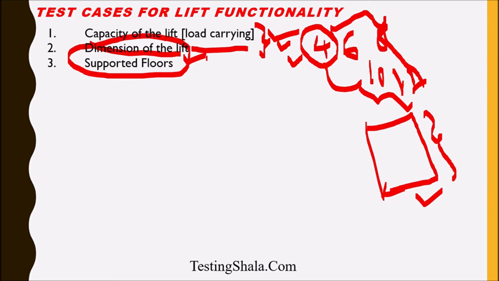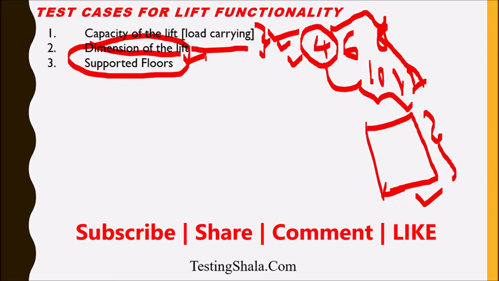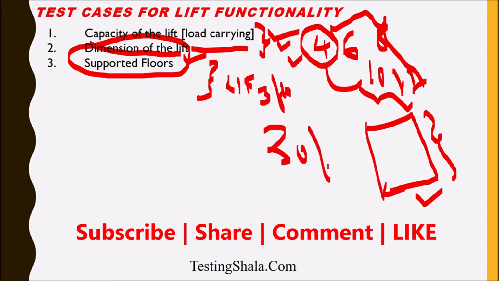The third test case is how many floors this lift supports. There are a few lifts which can only work for 3 floors. There are a few lifts which can work even 30 floors, 150 floors, and so on, right?